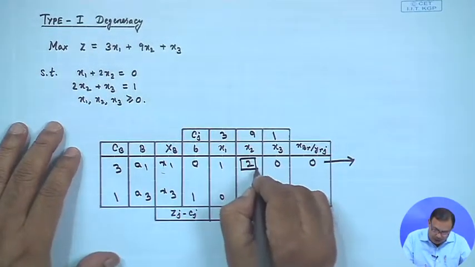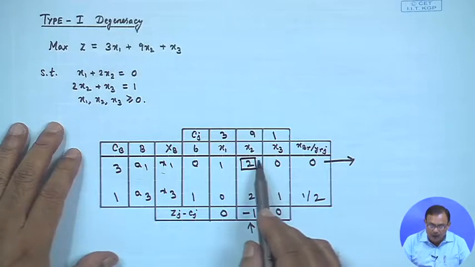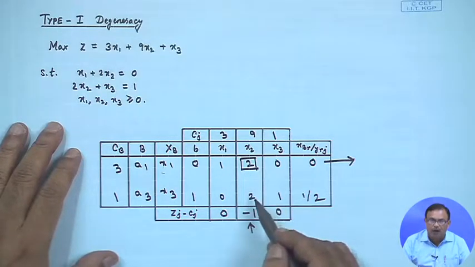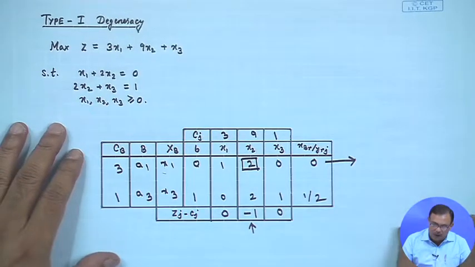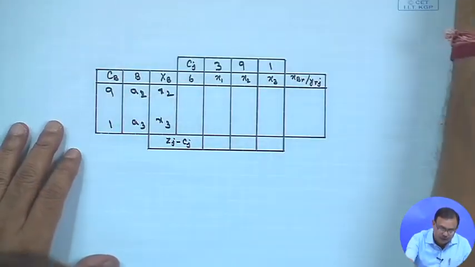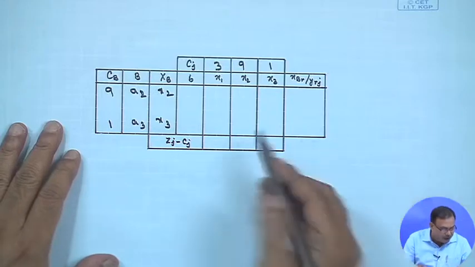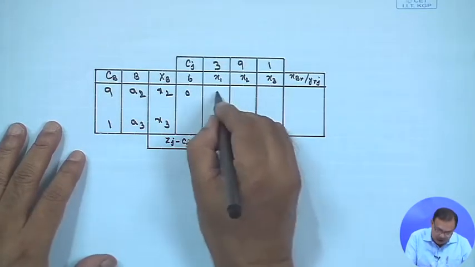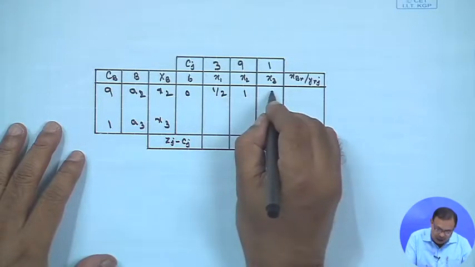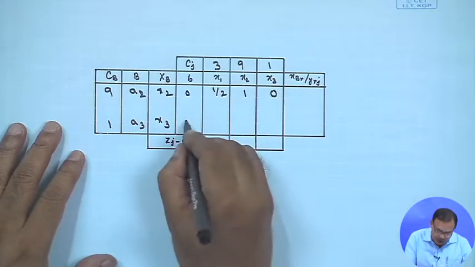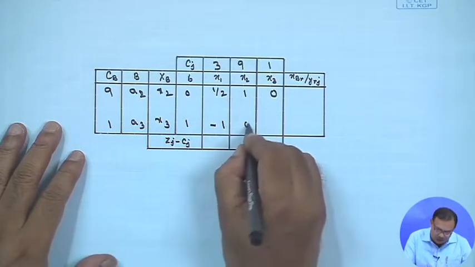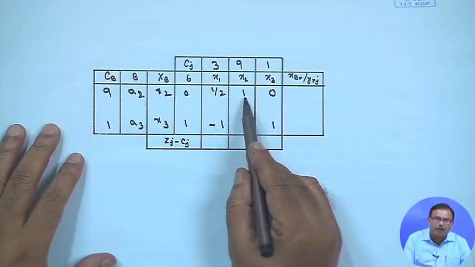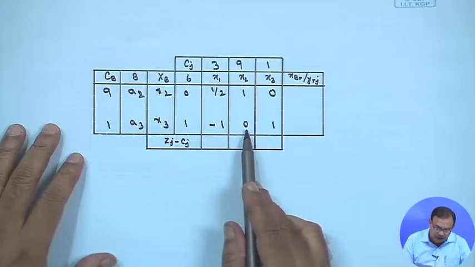Therefore, I have to make this 1, and all other elements of this column I have to make 0. So, the b values I am directly writing: 0, half, 1 and 0. This will be 1, minus 1, 0 and 1. So, this one is the entering vector column, and the other column is 0.